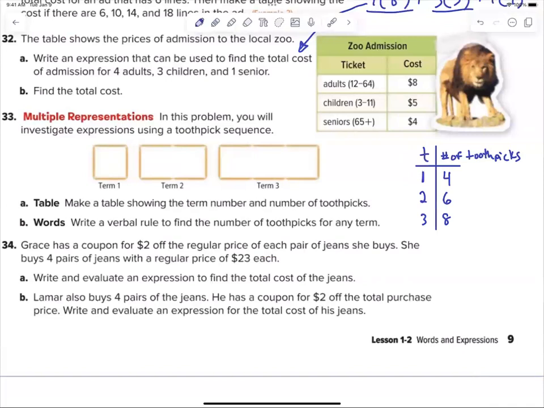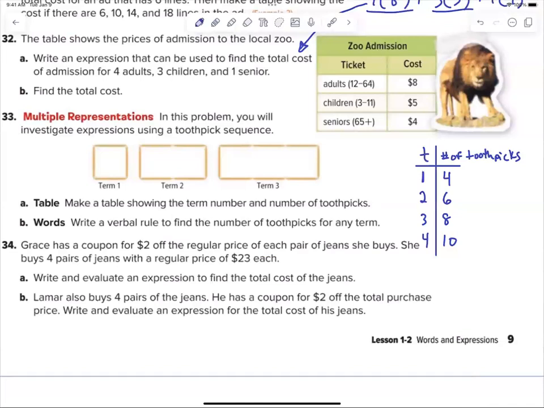Now, if you were to do term 4, how many toothpicks do you think there would be? 10. All right.